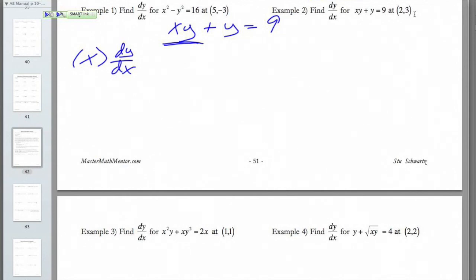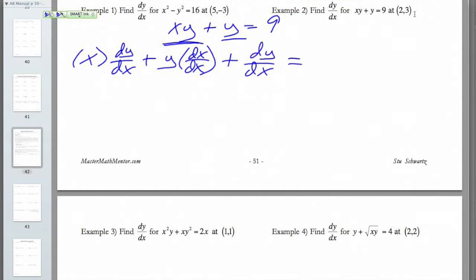Okay. Plus the second, which is y, times the derivative of the first, which is dx over dx. And right now, we're going to go ahead and continue to write dx over dx, just to get used to it. Eventually, I won't require you to write the dx over dx. Plus, now I need the derivative of y, dy over dx, and then the derivative of 9 is 0.